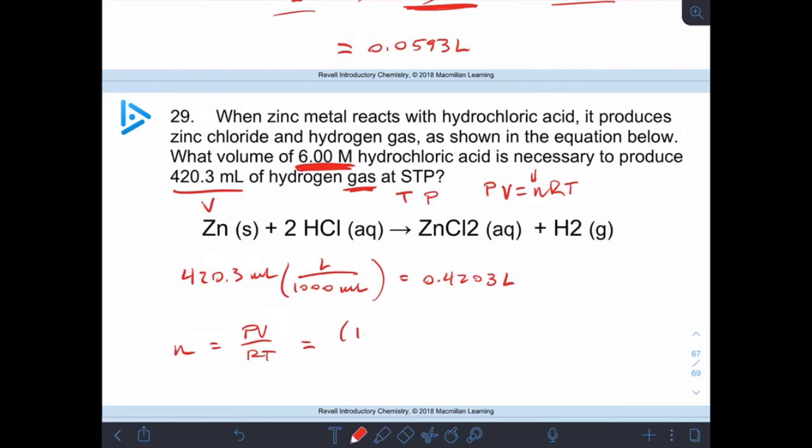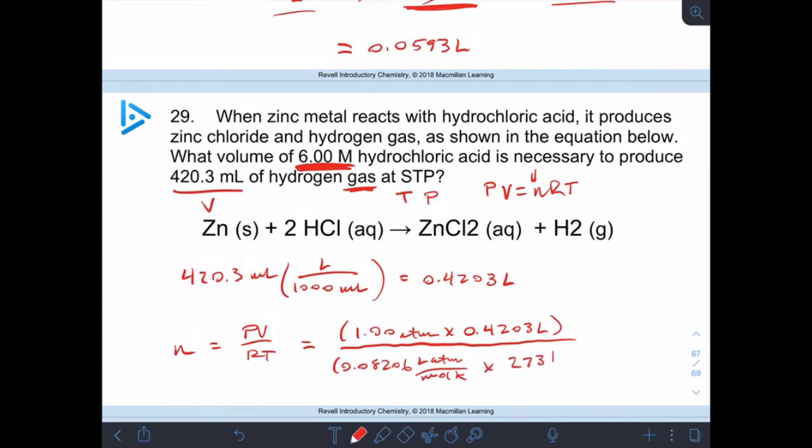So the number of moles is equal to 1 atmosphere times our volume, 0.4203 liters, divided by the gas constant, liters atmospheres over moles Kelvin, times 273 K. Okay, and we're going to calculate that super fast. 0.08206 times 273, and we have 0.4203 divided by the answer.